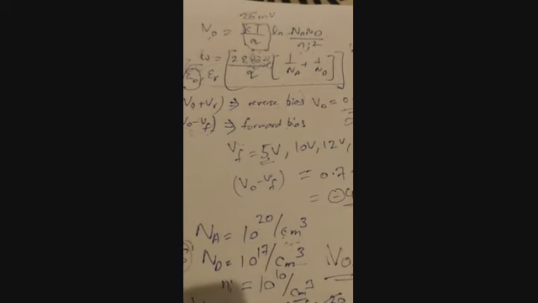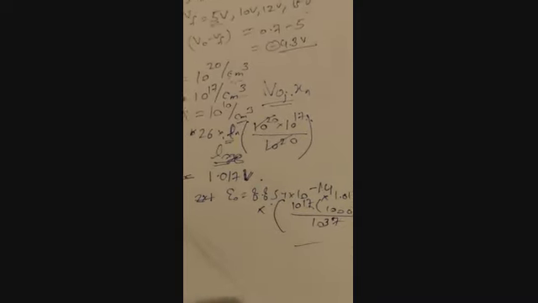In my next lecture I will simply discuss the biasing of the diode, and I have solved one numerical for finding the value of W. I hope you have understood these things.